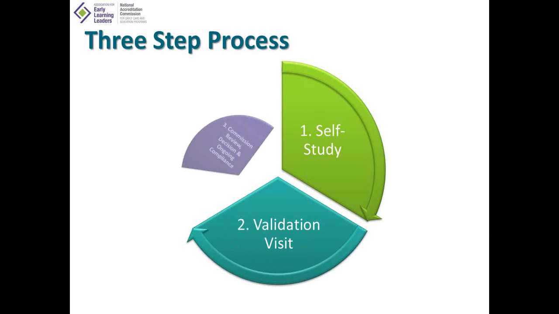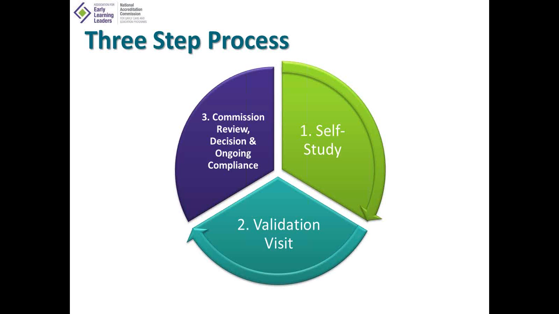Once they have a visit, the third step, and actually probably should be divided into a 4th step, is the review and the decision. But one key part about our accreditation system is we really do focus on being an ongoing quality improvement process. So there is a focus on ongoing compliance.